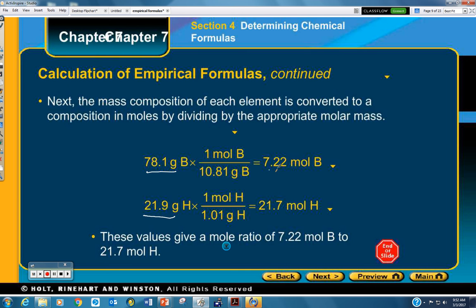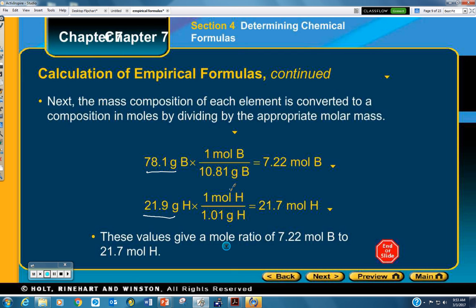To determine the moles of boron, we divide by 10.81, the atomic mass of boron, and that gives us 7.22 moles of boron. For hydrogen, we divide by the atomic mass of hydrogen, which tells us that we have about 21.7 moles of hydrogen.